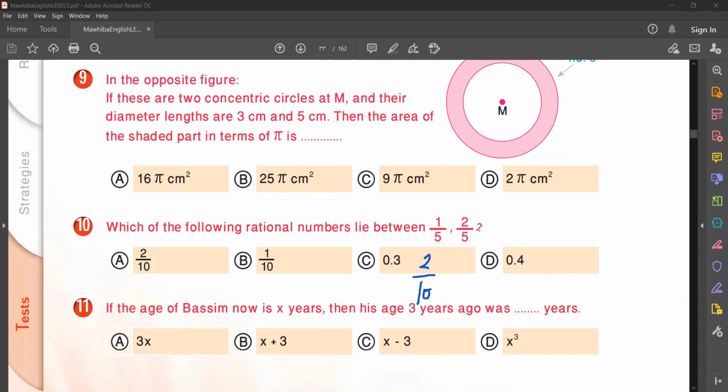Also, you multiply the second one by 2, it is 4/10. Look, now, is there a number between them? Yes, it is 3/10, which is 0.3. Then the answer is number C. Right.